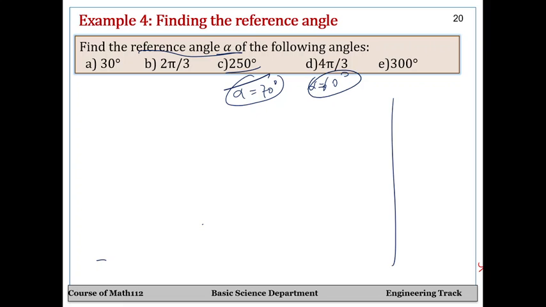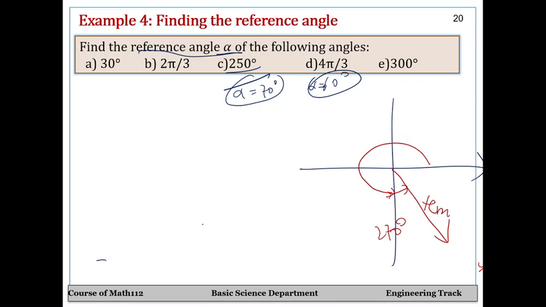Now, let's come to 300. 300 is a little more than 270, right? It has to be like this. So this is the terminal side of 300, and the x-axis is here. The acute angle is this one.